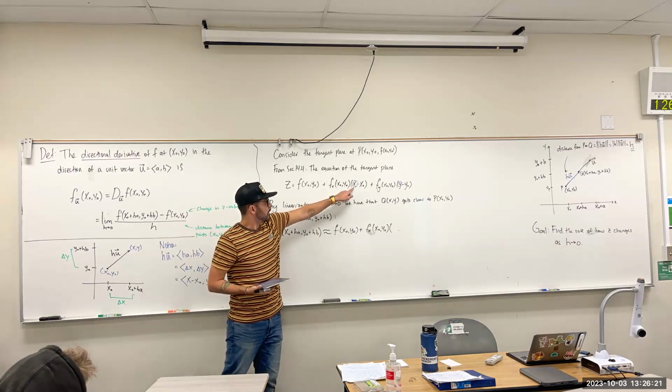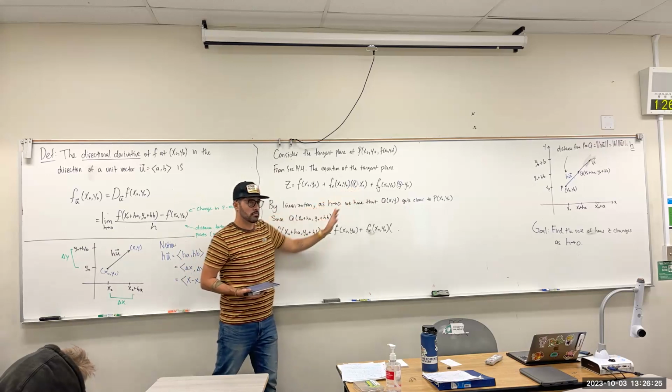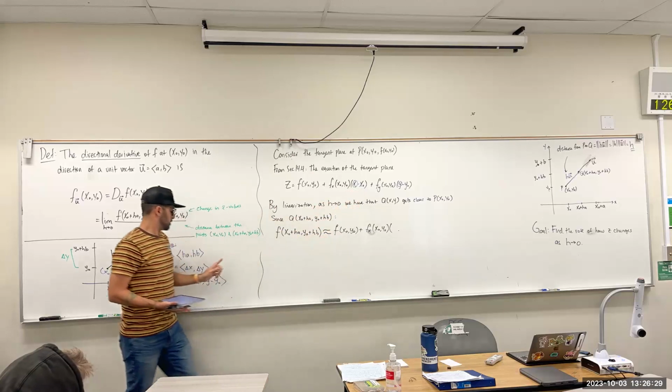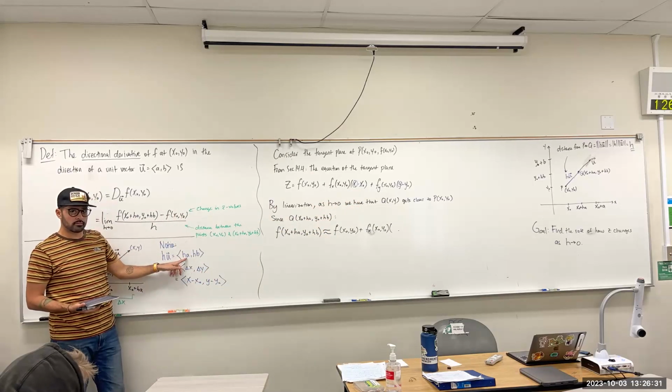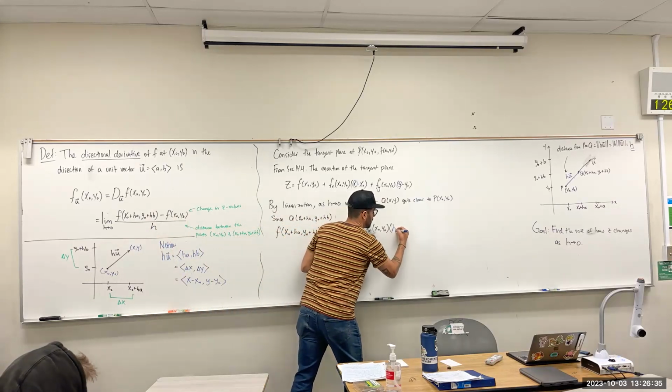What's going to be this x coordinate minus x naught? It's ha, right? Because remember, x minus x naught is just ha.